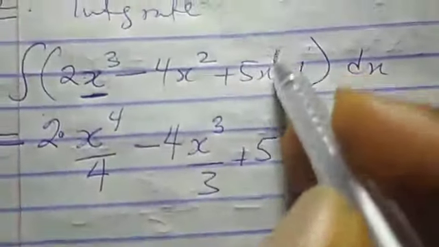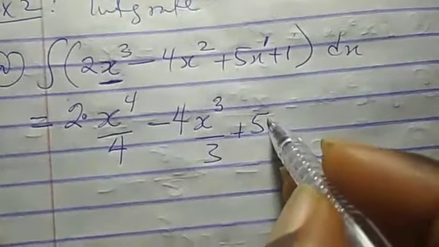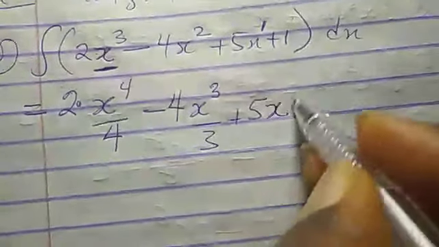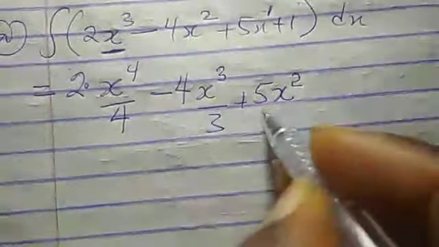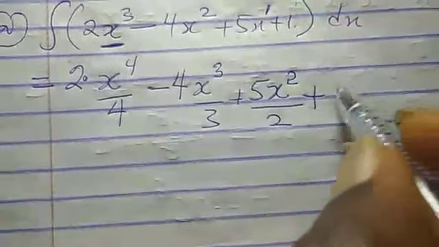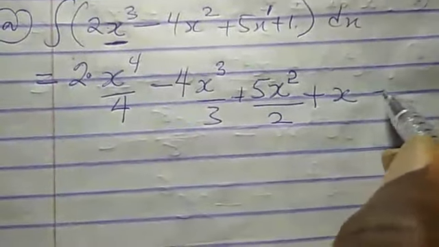Remember, this is x to the power 1. If I integrate it, the 1 will increase by 1, that is x squared over 2 again, plus, this is constant. If I integrate 1, I'll just turn it to x. Then I'll put plus c. Don't forget that 2 here, 1, 2 here, 2.